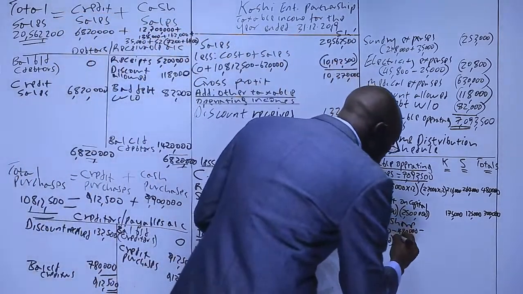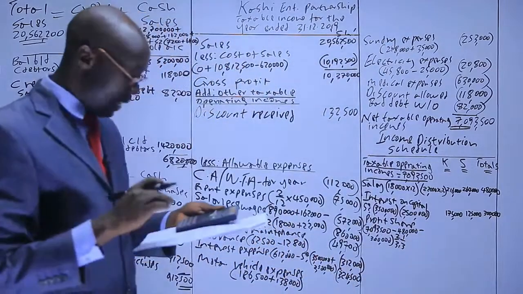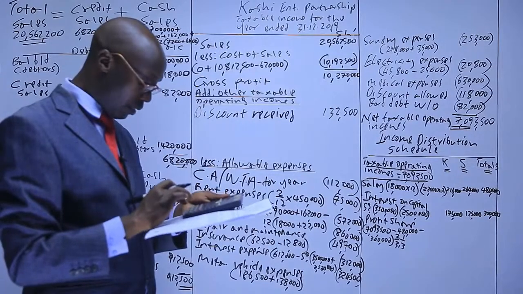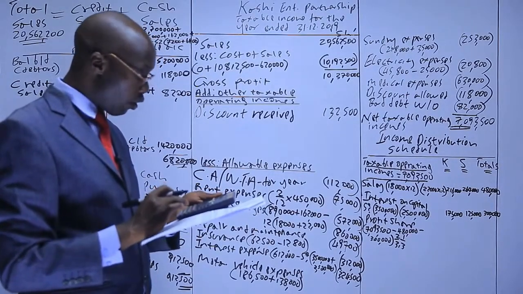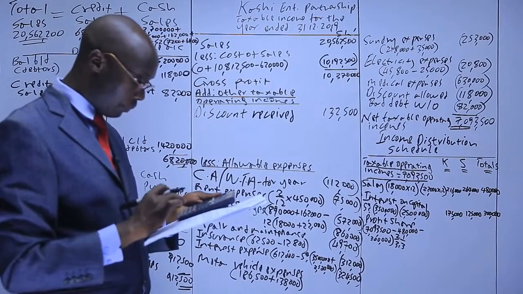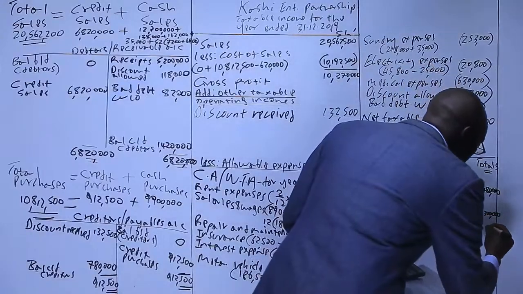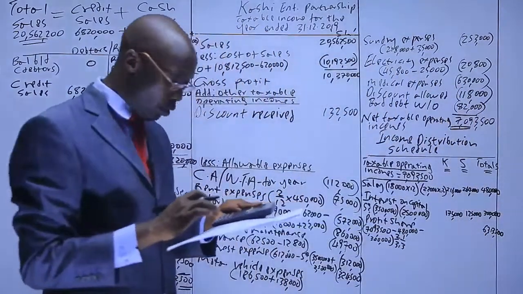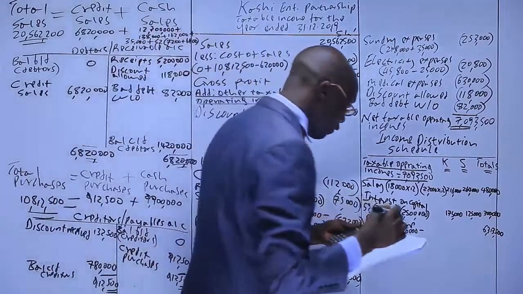So the first one will get 2 out of 3. The other one, 1 out of 3. So let's minus 7,093,500. We minus 480,000 and also we minus 300,000. 480,000 and 300,000 give us 6,313,500. Then the first one will get 2 over 3. That gives us 4,209.